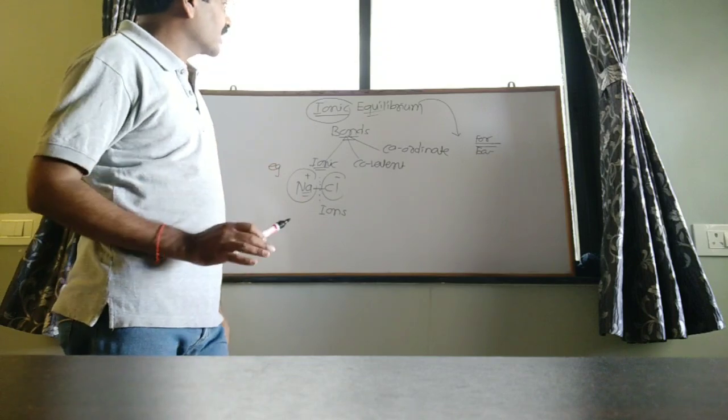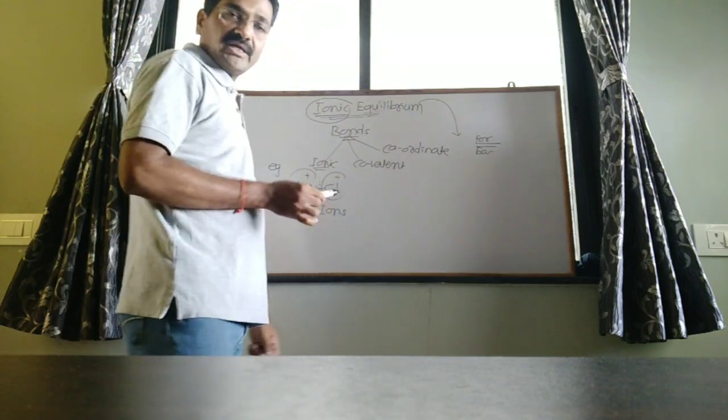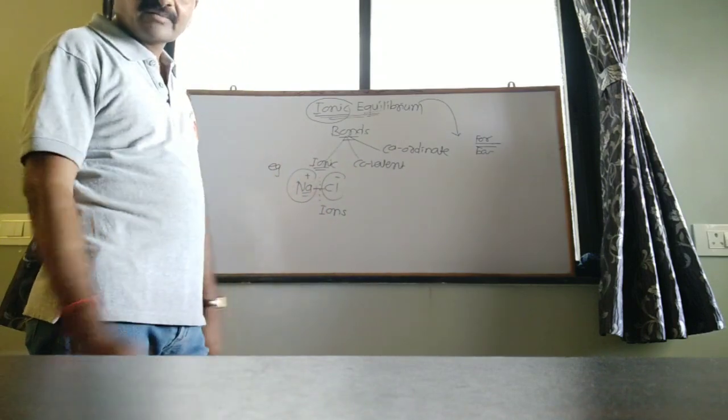So in this chapter, ionic equilibrium, how is the term obtained?